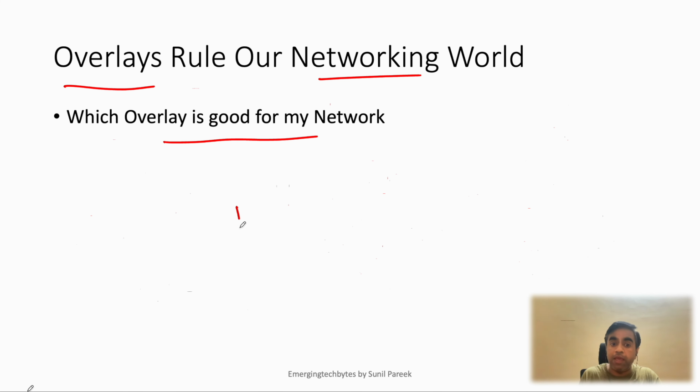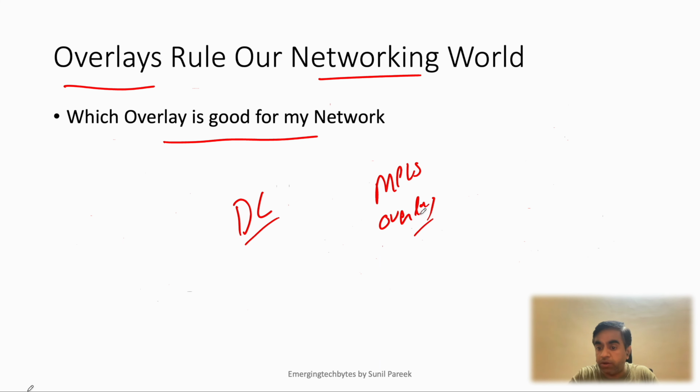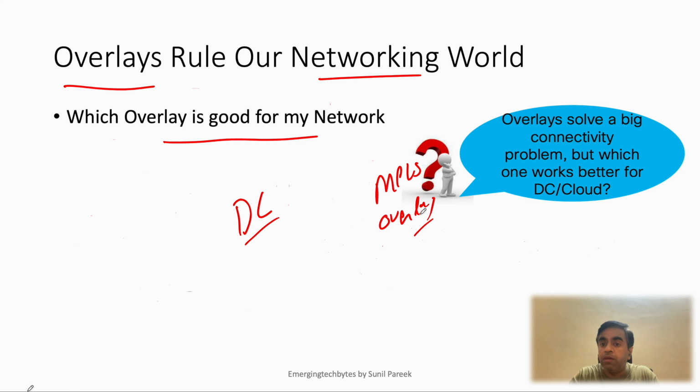Or let's say I am having a data center based network. Is an MPLS based overlay network good for me or not? Overlays solve a big connectivity problem, but which one is good for DC, or whether MPLS is good for DC or not?